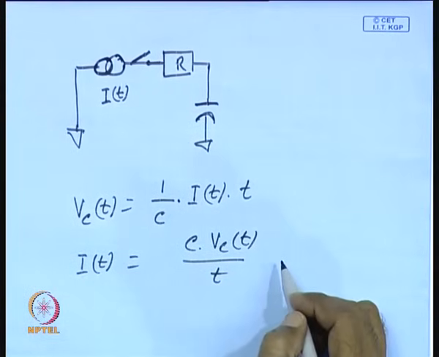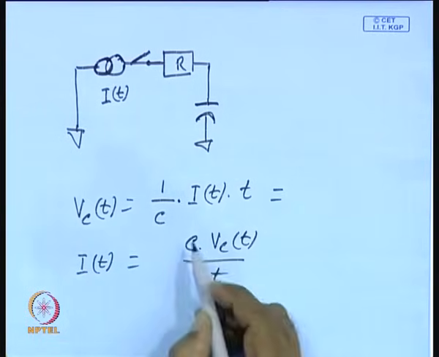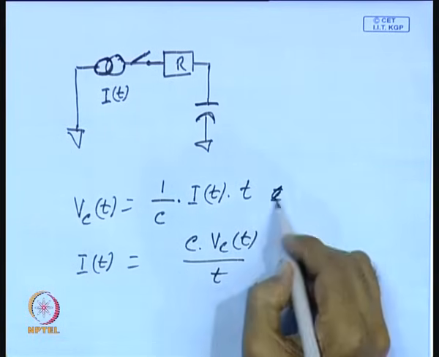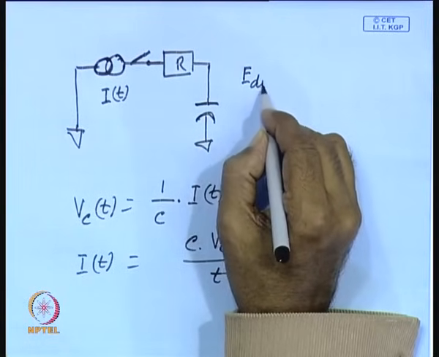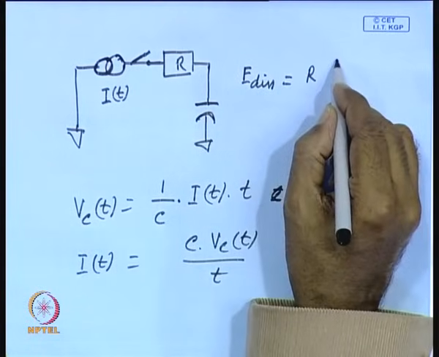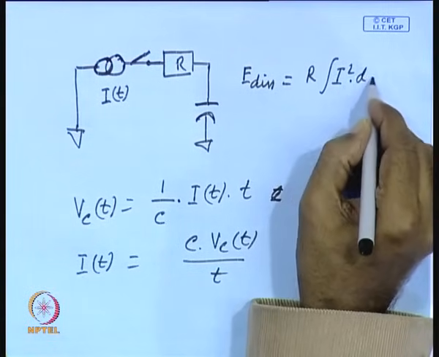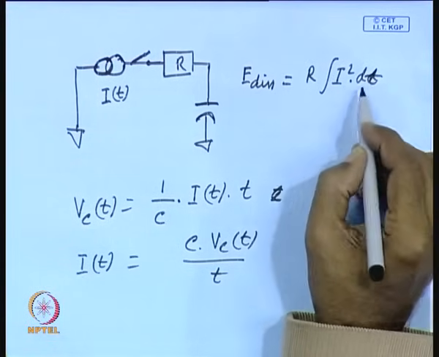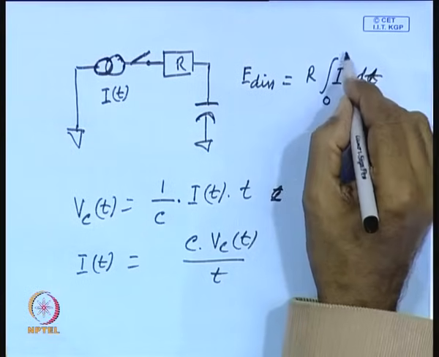Now we shall try to find out the energy dissipation, which is equal to R into I square into dt. As you know, I square R is the dissipation over a time period.